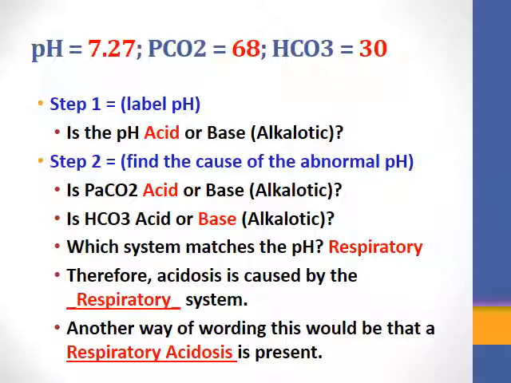The PCO2 or the HCO3? The pH is an acid and the PCO2 is an acid, so those two match. And since PCO2 is related to my respiratory system, that means the respiratory system is causing my problem. Another way of wording this would be that we have respiratory acidosis.